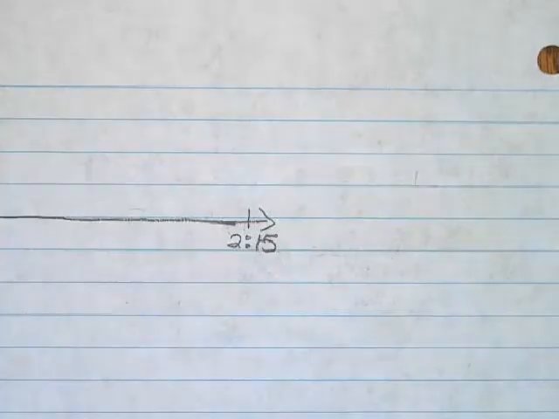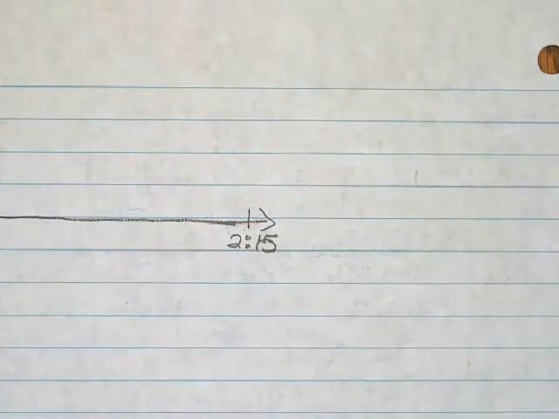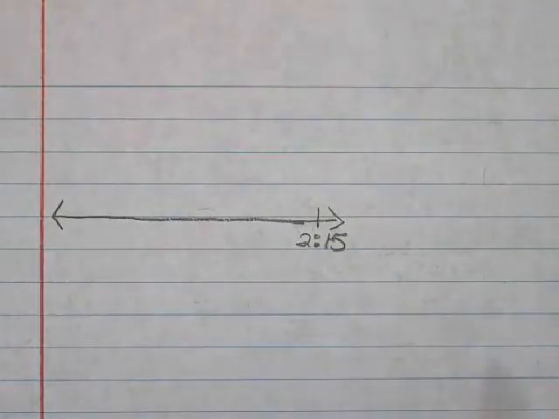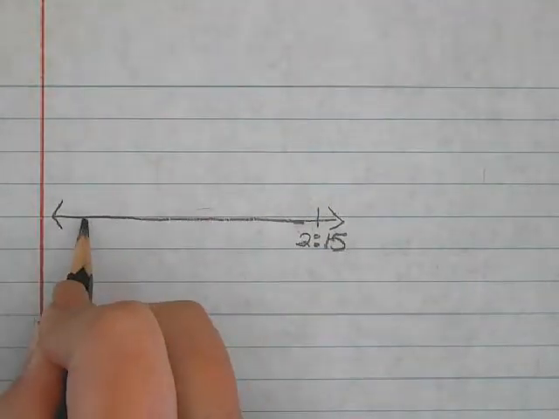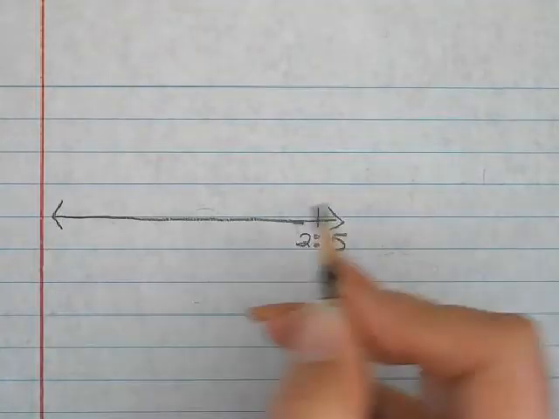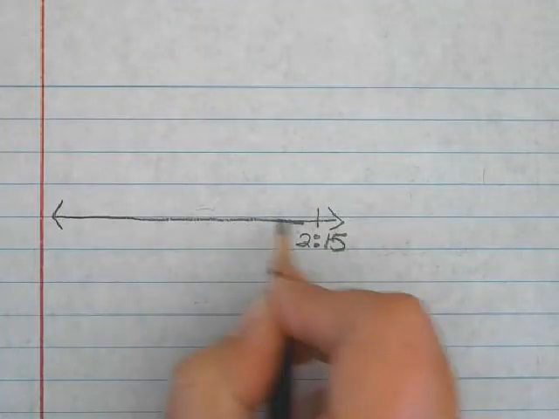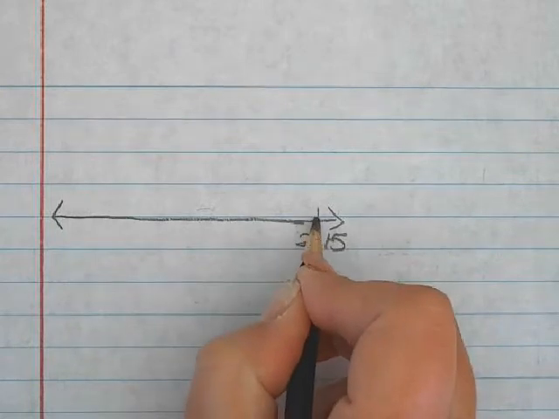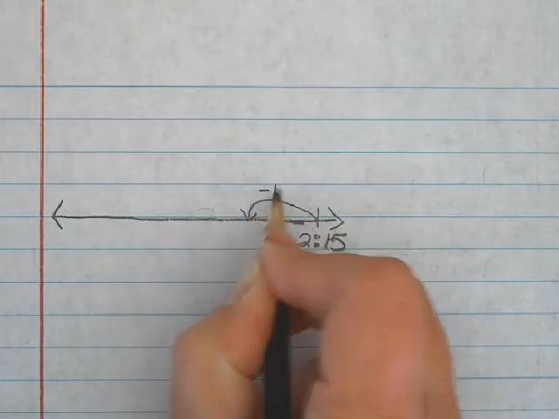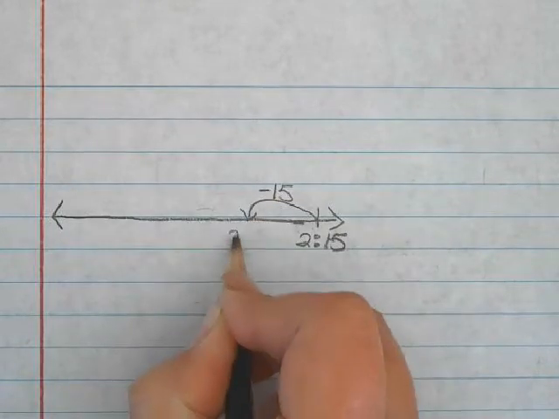However, it says that he or she arrived at the bus stop 45 minutes ago, so we want to know what time Blair got there. If we go by 15-minute intervals, we could go back 15 minutes, and that would put us at 2 o'clock.